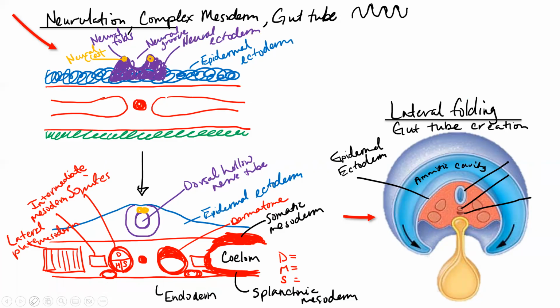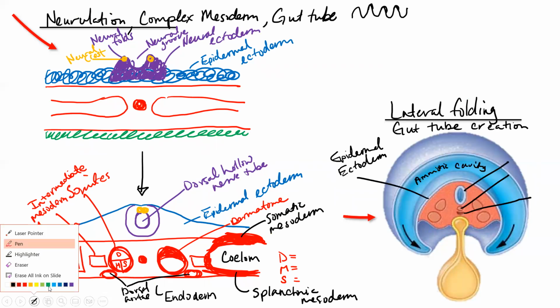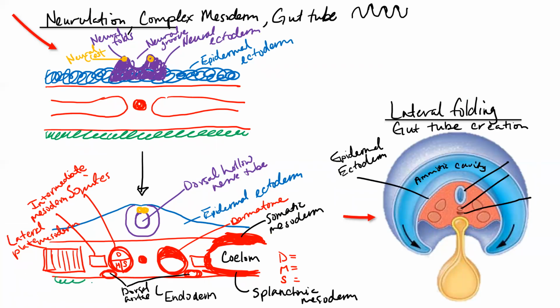Let me just remove my endoderm really quick and put dorsal aorta. So the dorsal aortae are paired first, and then they're going to come together to form one dorsal aorta. So there's my endoderm again. So I want you to label those yourself. Can you label that? Can you label that?